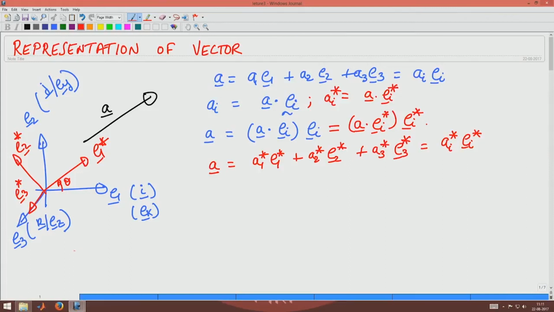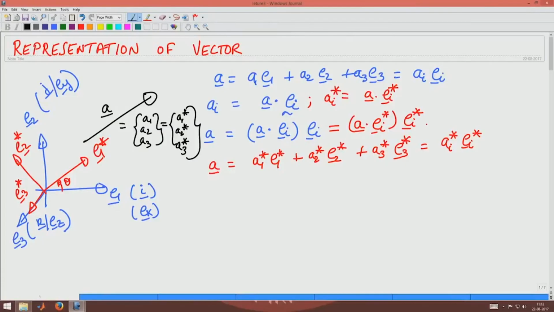If I write A as the column vector A1, A2, A3, this alone does not represent A, but even the column vector A1 star, A2 star, A3 star represents the same vector A. So, it is not that only one set of numbers represents a vector; there will be n number of other 3 combinations that will represent the same vector. What are those 3 combinations? Given a combination, that is what we are trying to find out now.